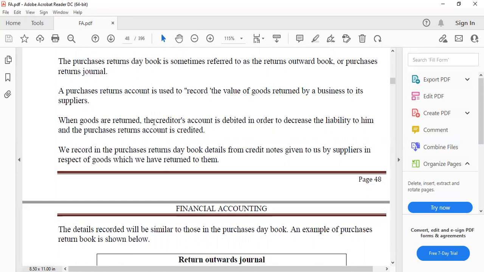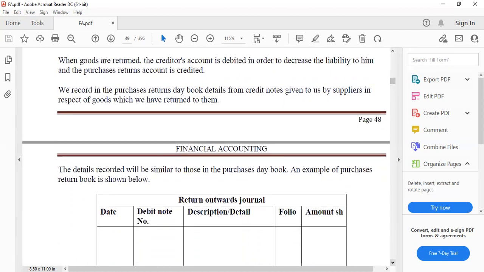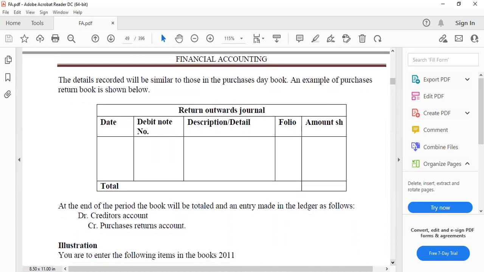So because the creditor's account is debited, you issue a debit note. You issue a debit note stating that you have debited his account with this amount, then it means you are supposed to pay less. You are supposed to pay less because you have purchased goods and you have returned some goods.